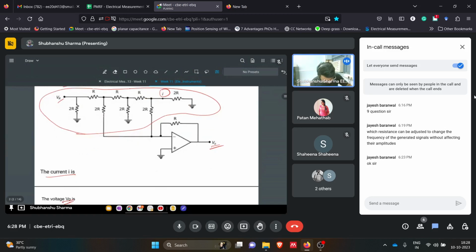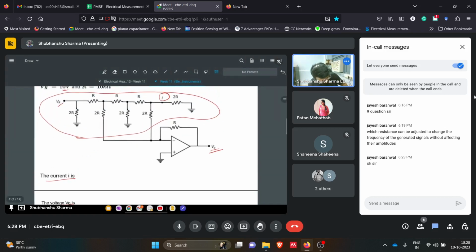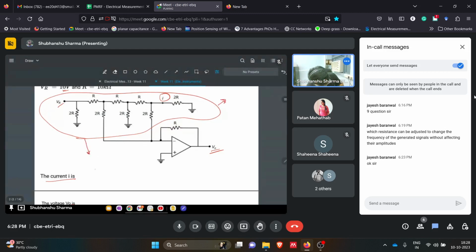So what we have here, see. If we see this circuit which I have highlighted, we have R, 2R, this is grounded.